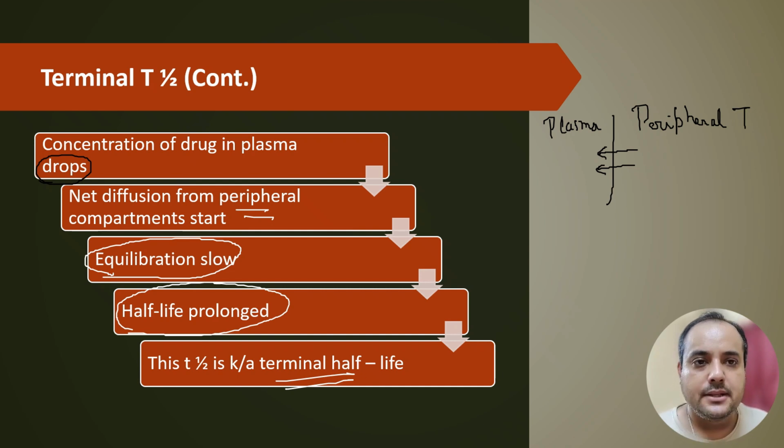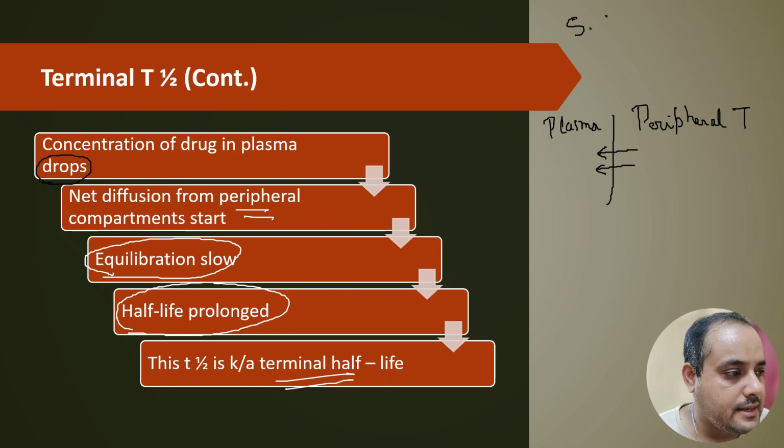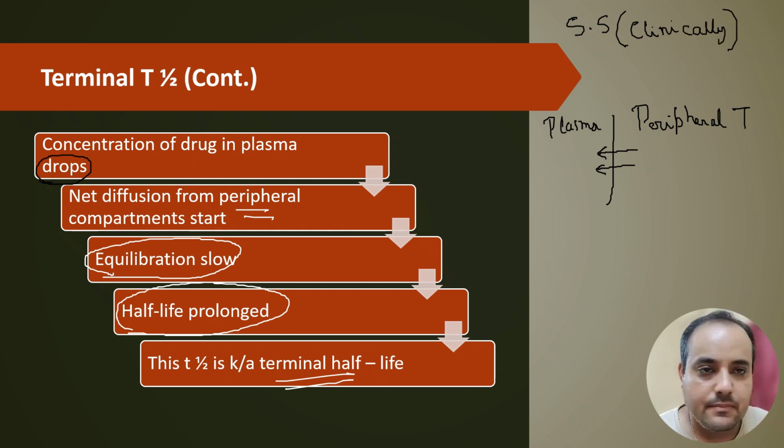Now normally the half-life that we study, or rather the ones that are given in our books, are in most cases the half-life at the steady state. This is the one that is clinically most relevant. But the terminal half-life is much more than the half-life at the steady state.